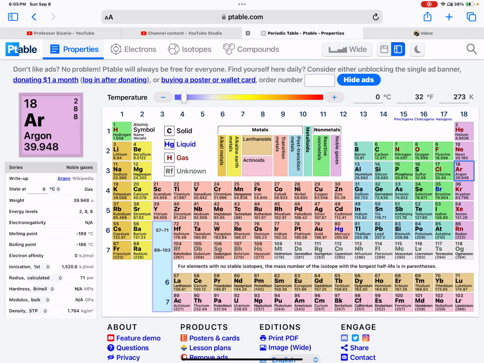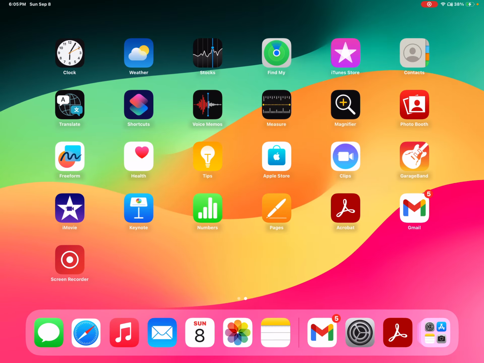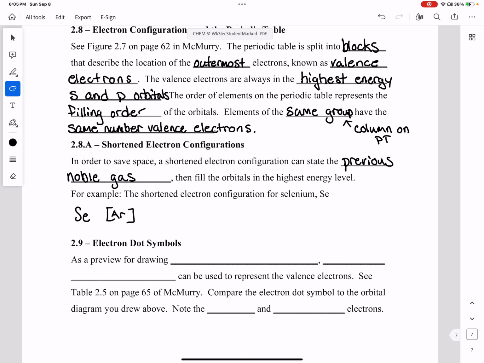Argon is the previous noble gas at the end of n equals 3. So we've got argon, 4s2, 3d10, and 4p4. That's a much better way to write it out.